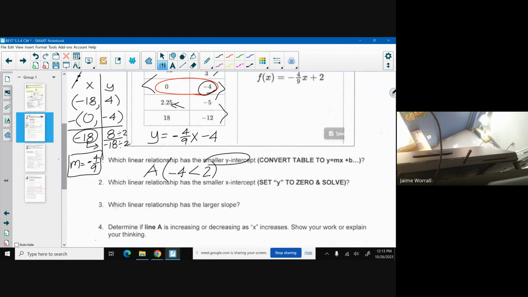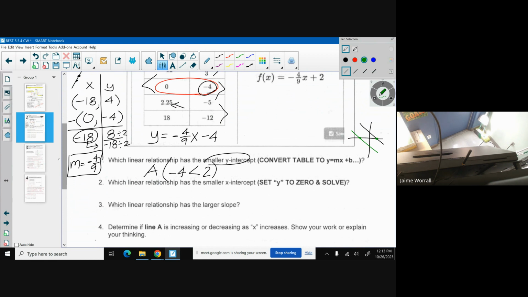You've got lines that look like this right now. They pass through your y-axis in 2 different locations, but they have the same steepness. Which means they're going to pass through the x-axis in 2 different locations also. So you got something that looks like this. Here's your x's, so you're going to have to calculate that out.